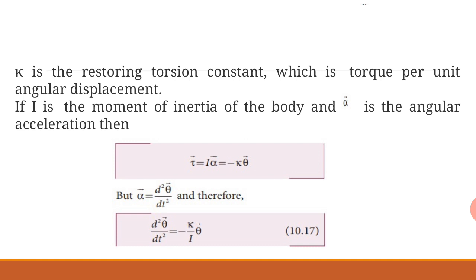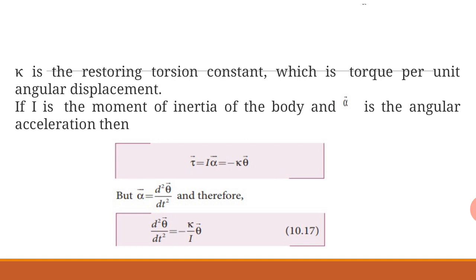So we can simply write tau equals moment of inertia I times angular acceleration alpha, which is equal to minus k theta. Now alpha, the angular acceleration, can also be written in terms of the angular displacement: the double derivative of angular displacement is the angular acceleration.